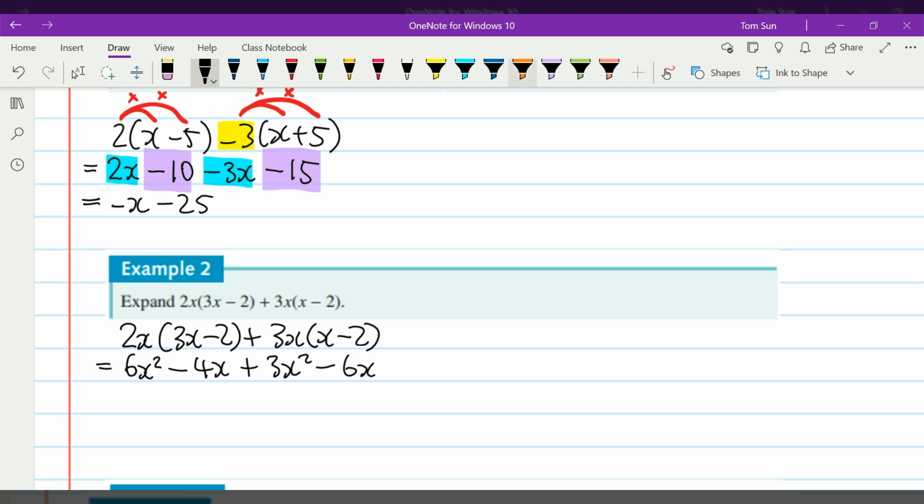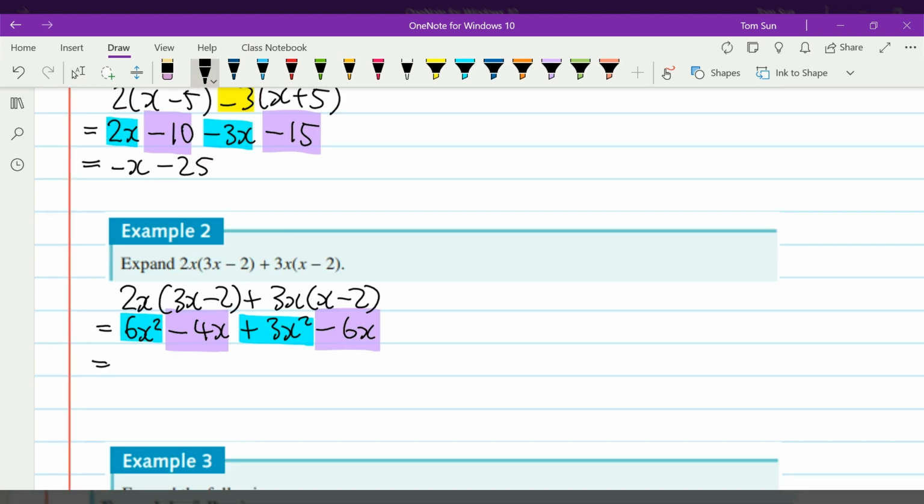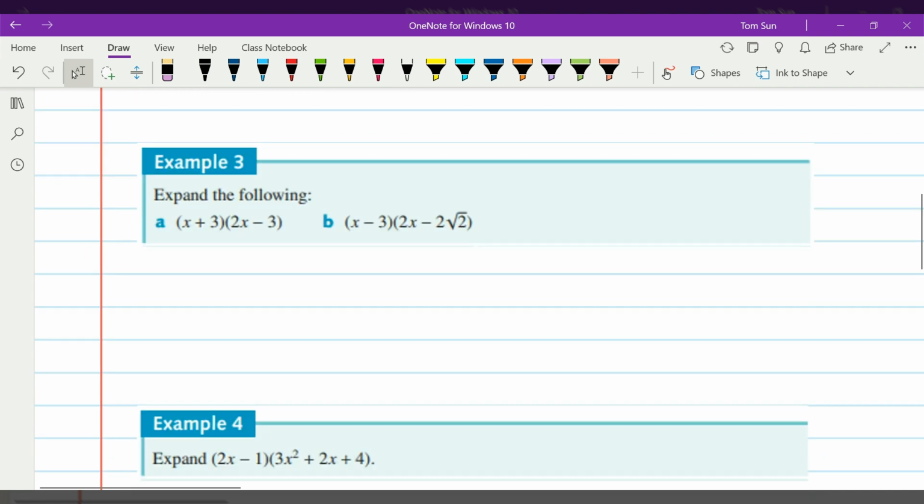I'll use my highlighter to show what we're looking at: 6x squared plus 3x squared, notice that I'm including the sign at the front, and negative 4x minus 6x. So 6x squared plus 3x squared is 9x squared, and then minus 4x minus 6x means negative 10x. That's the answer. Moving forward.